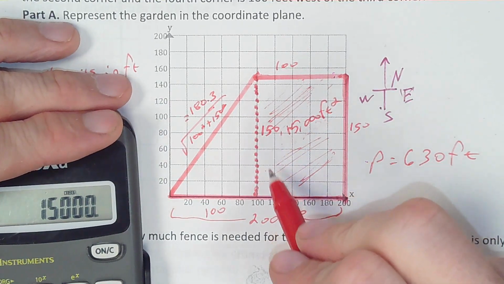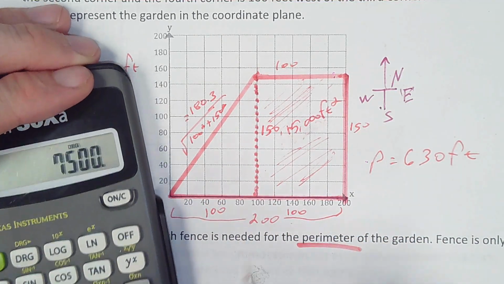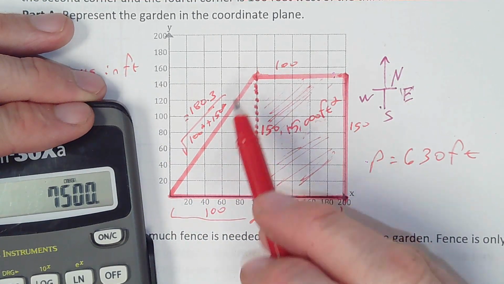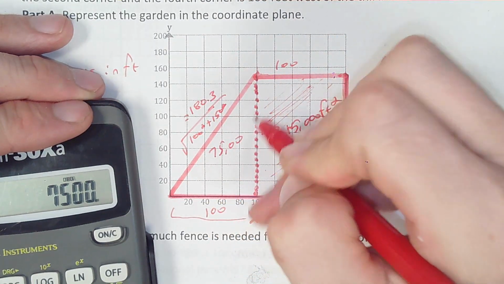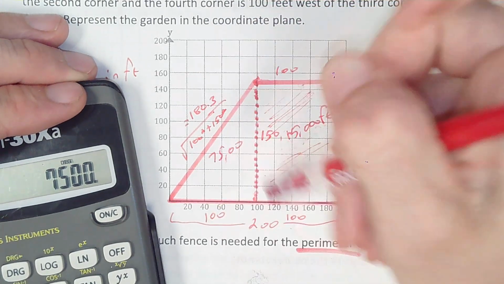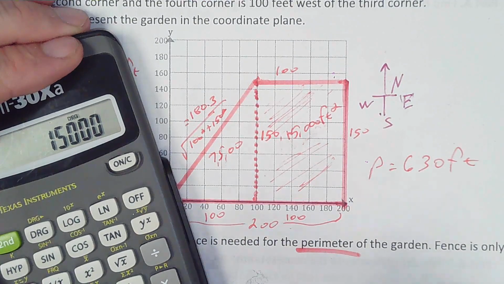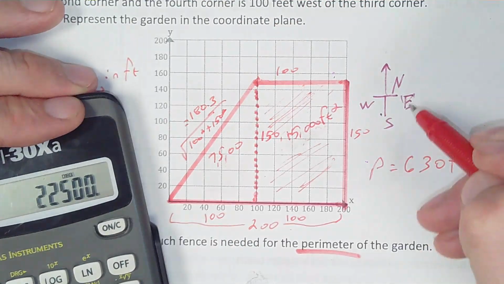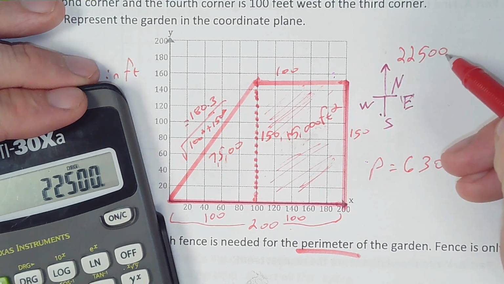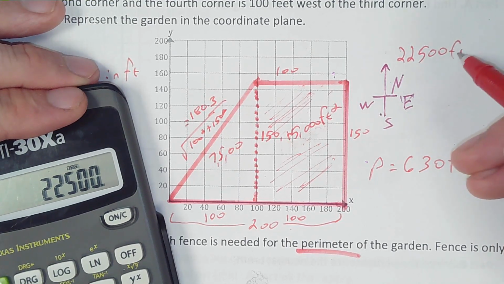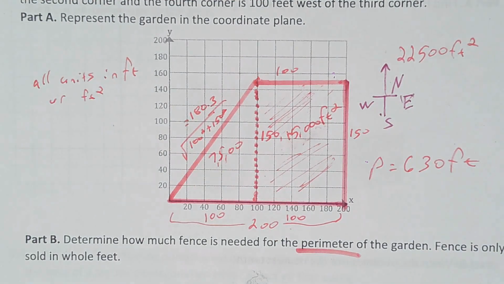And this is going to be 15,000 feet squared divided by 2, because it's the same width, the same height, but it's only 7,500. We're going to add them together. The grand total is 22.5, foot squared. So that is how you do that one.